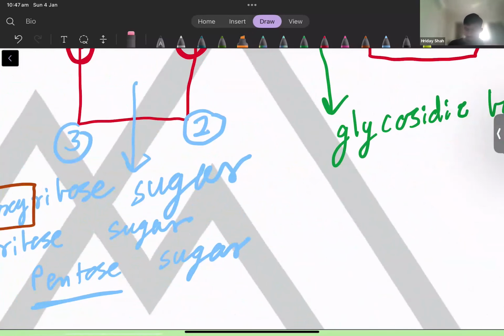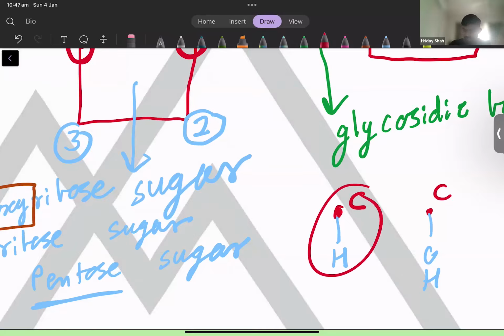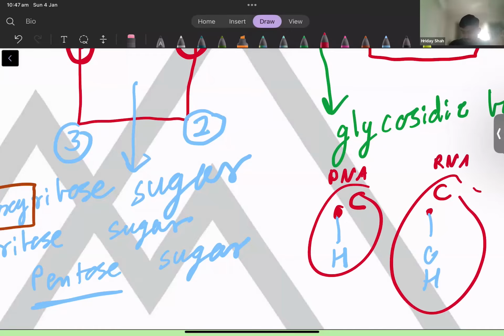At the bottom here, let's say this is your carbon that we've been numbering, you usually have H, or your other option is to have OH. So RNA will have OH, and deoxyribose is going to be lacking one oxygen, and so you call it deoxyribose. So this would be DNA, this would be RNA. It's only for one carbon, not all 5 of them.